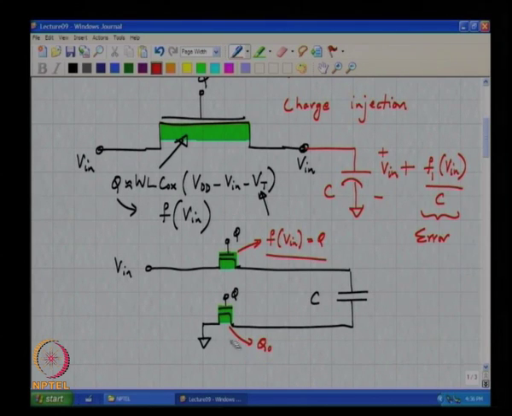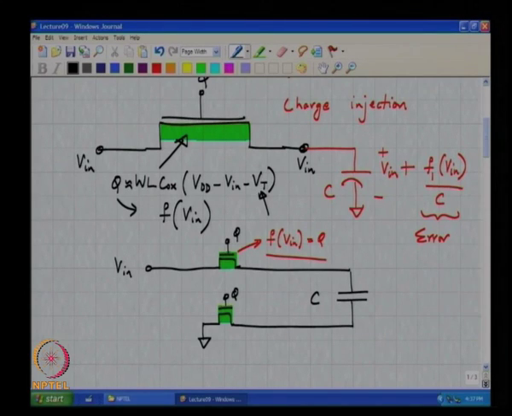So, we have turned both these switches on in order to sample the input voltage on the capacitor C. Then, in order for the input to be held, we need to open the switch. So, what do you think we should do? We would turn both these switches off. Obviously you can either turn the top switch off first and the bottom switch later, or vice versa, or both at the same instant of time.